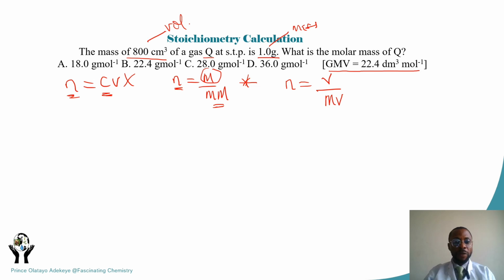So now, from N equals V over molar volume, don't forget, your molar volume is in dm³ per mole. So this volume also must be in dm³. So if your volume has been given to you in centimeter cube, you are expected to convert that volume from centimeter cube, which is 800, divided by 1000.